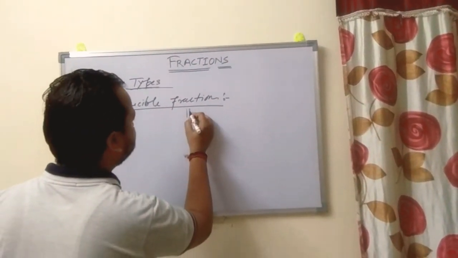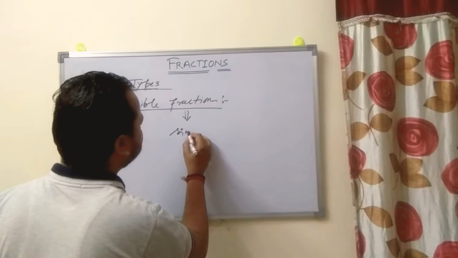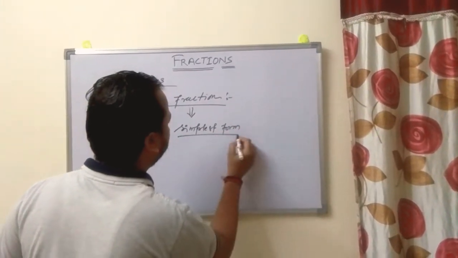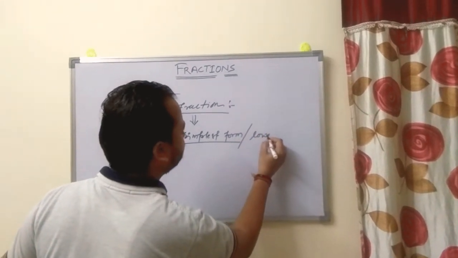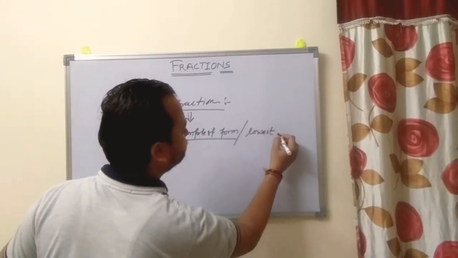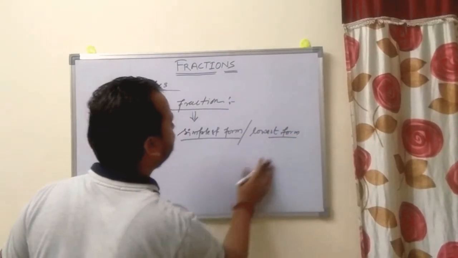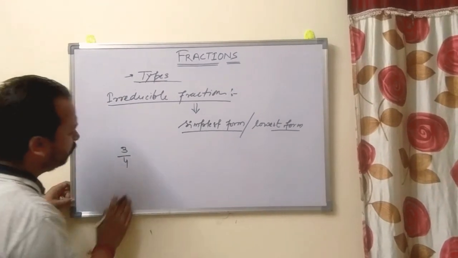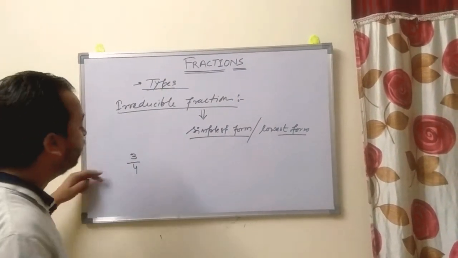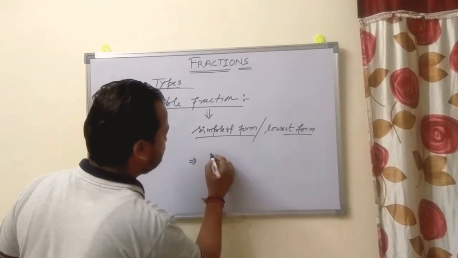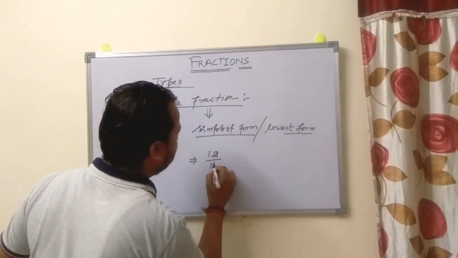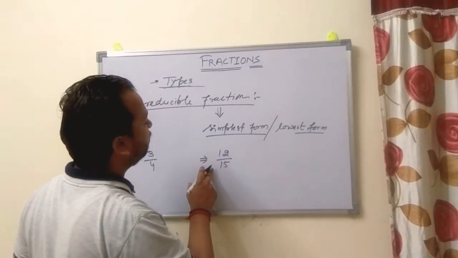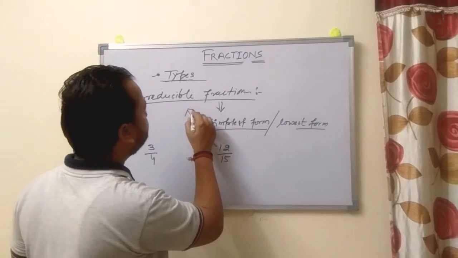Irreducible fraction means the simplest form or lowest form of the fraction, which you cannot reduce. If it is written as 3 by 4, you cannot reduce this. Or it is given in questions, like 12 by 15 as a fraction, and you reduce it or convert it into irreducible fraction.